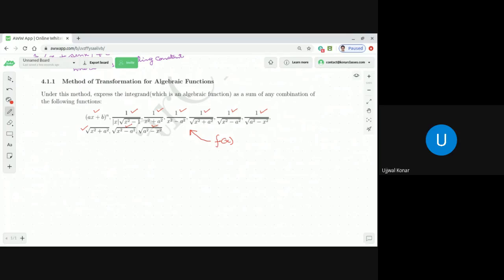Correct or not? Suppose you need to travel from place A to place B. Sometimes there is a road, sometimes there is a mountain, sometimes there is a river. Then you need to use different types of vehicles to commute, no? But your objective is what? Moving from place A to place B. Here also, our objective is to perform integration.